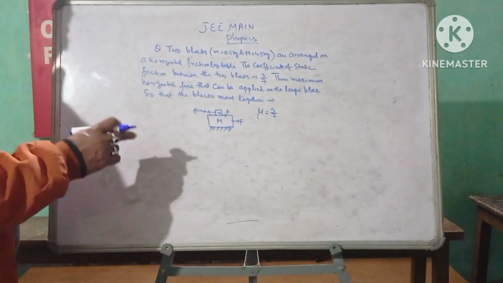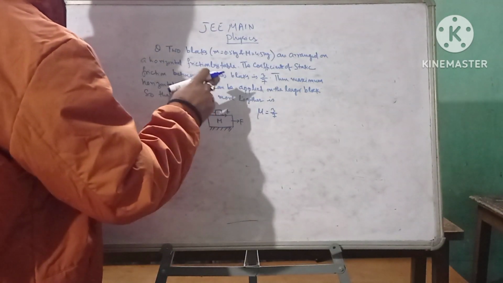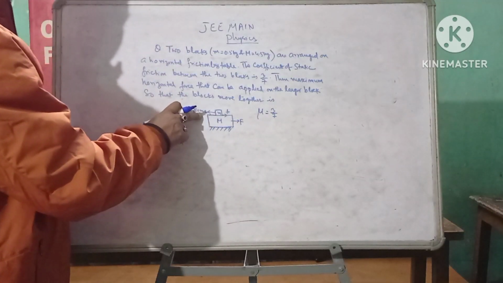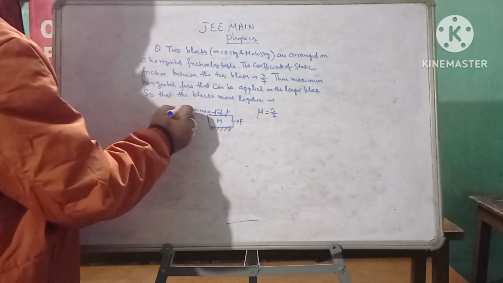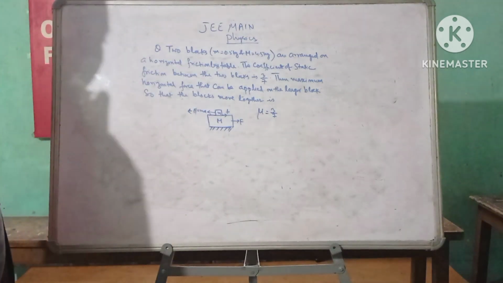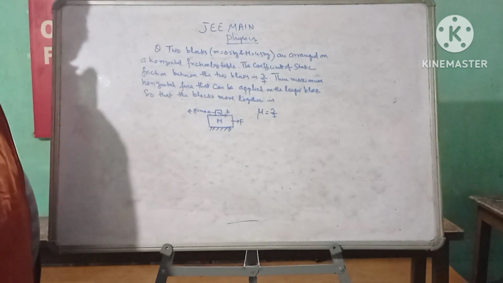So you are bound to give the frictional force in this direction, and this frictional force will be balanced by a force F equal to ma, and this is called the pseudo force.